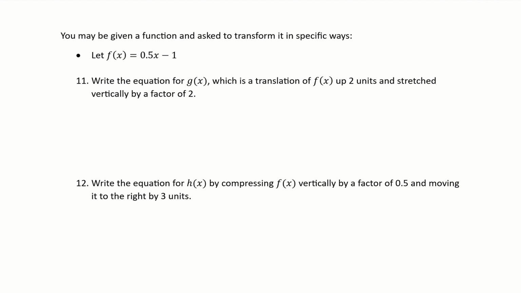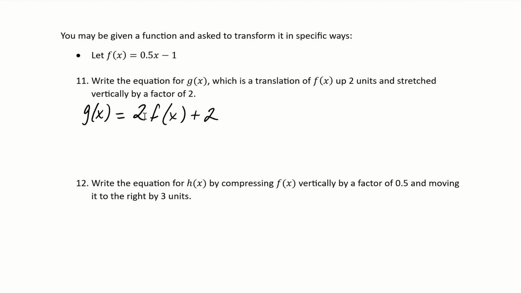Okay, so I always write g of x in terms of f of x and then plug it back in. So g of x is equal to f of x. If I have to move it up 2, I add 2 outside the parentheses. And if I have to stretch vertically by a factor of 2, then I put that 2 outside of the f of x.